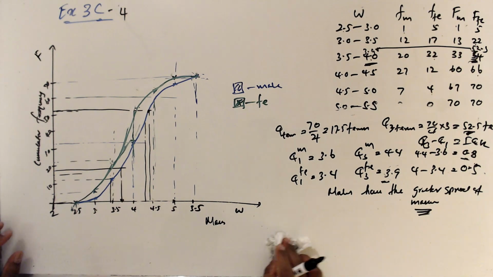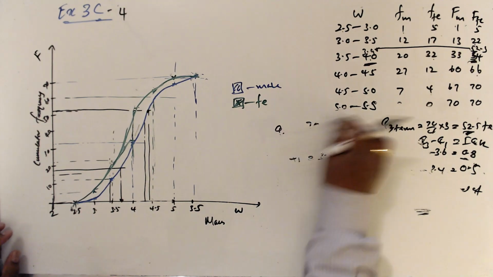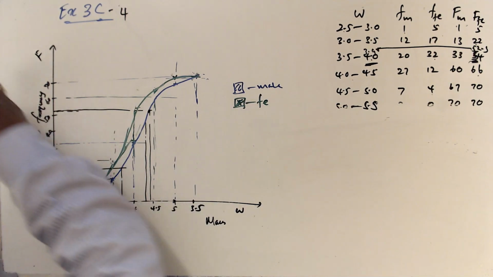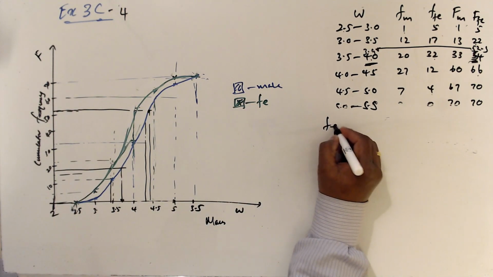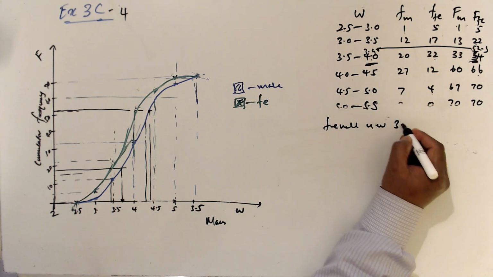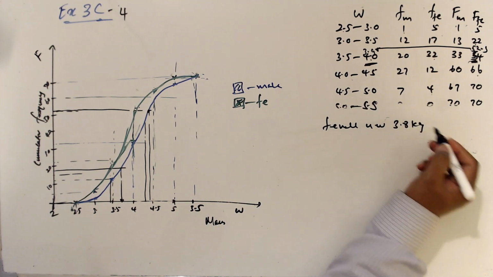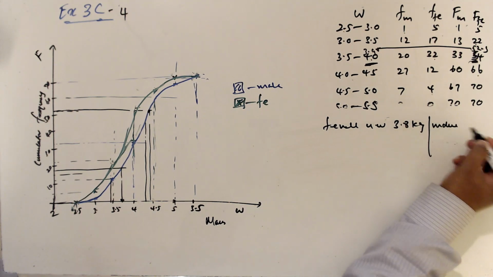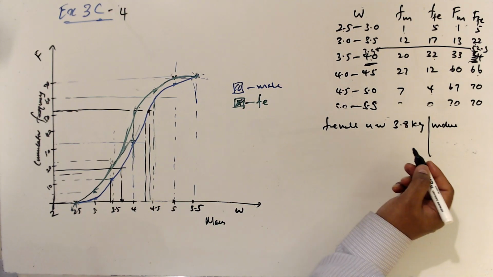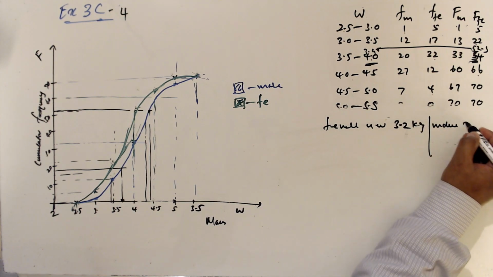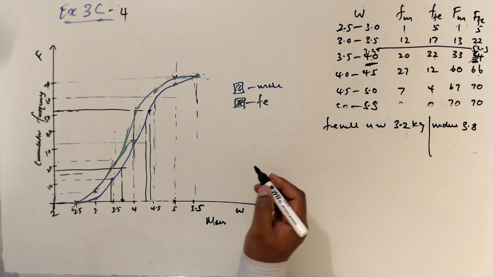The next question is we want to find the underweight cats. Female is underweight below 3.2 kg and male is underweight below 3.8 kg.